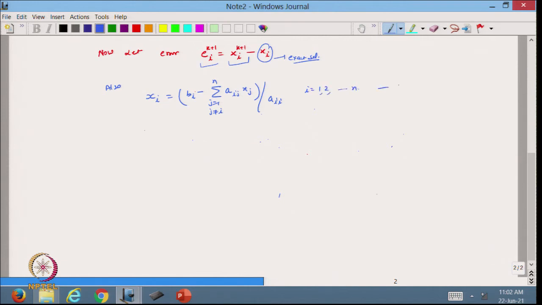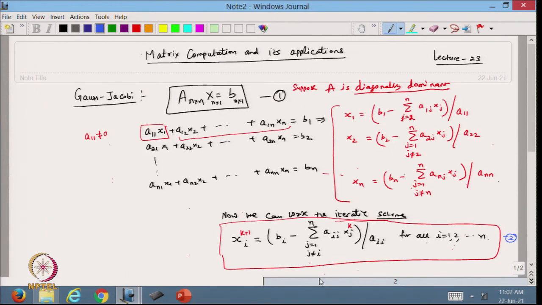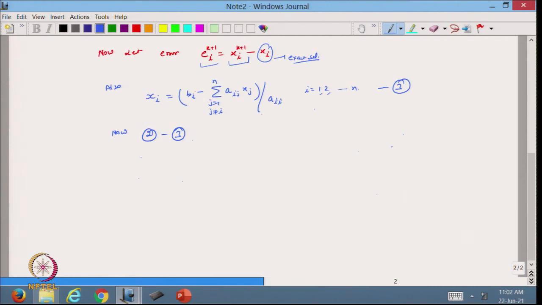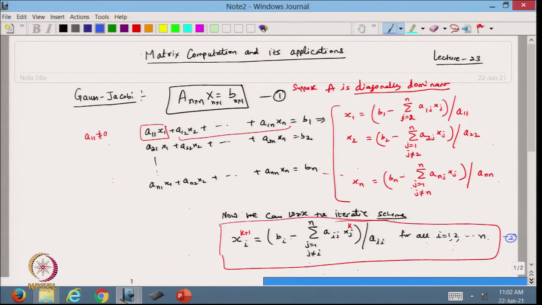So, this equation I write 3. Now, 2 minus 3, I subtract this equation, second equation minus the third equation. So, what I will get is my x i at k plus 1 step minus x i, and this b i will cancel out because b i and b i are same.